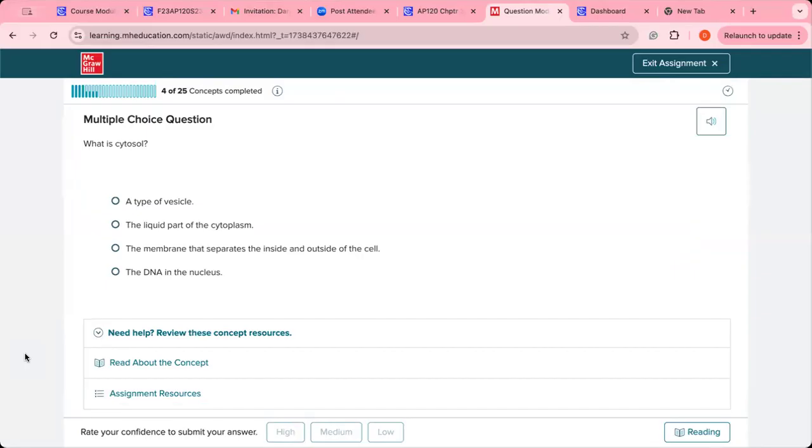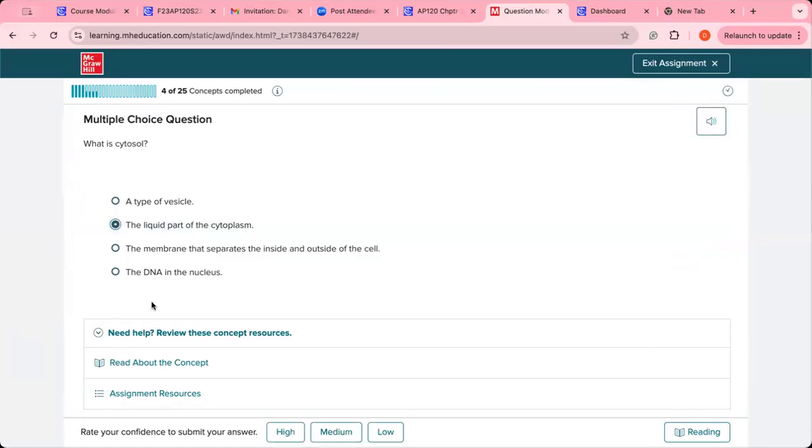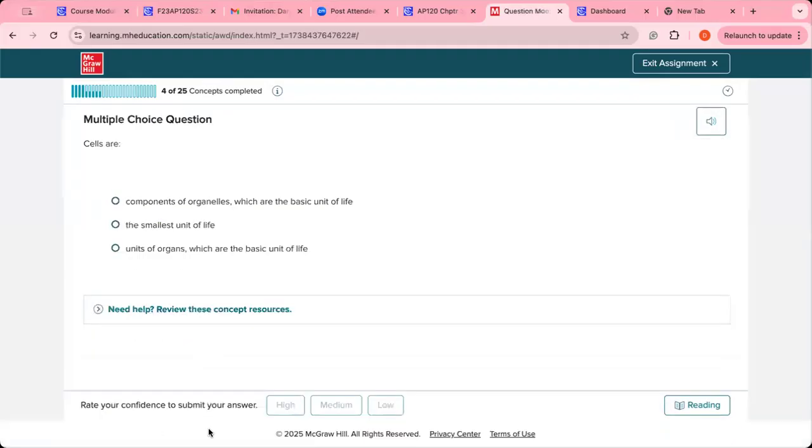I would say the liquid part of the cytoplasm would be cytosol, based on what we read. Yeah. It's the liquid that suspends everything.